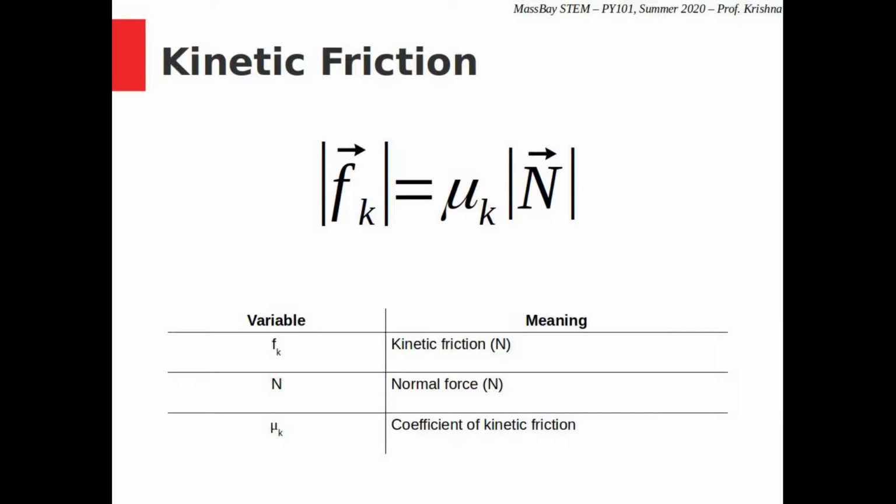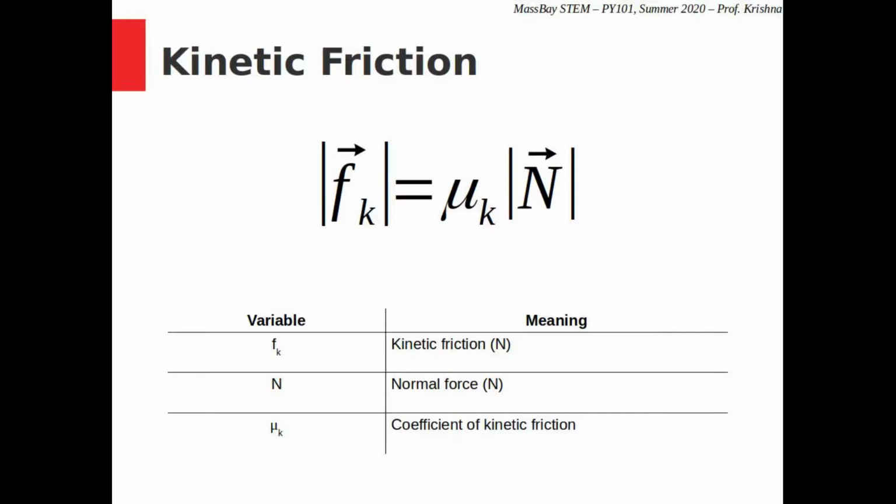The equation for kinetic friction is like this. It is very similar to static friction, but while static friction can have variable values, kinetic friction has a fixed value that depends on the normal force and a new parameter called mu sub k. As you probably guessed, mu sub k is the coefficient of kinetic friction, and it's only used for sliding objects.